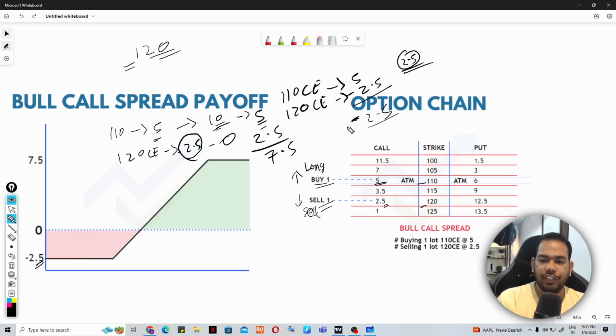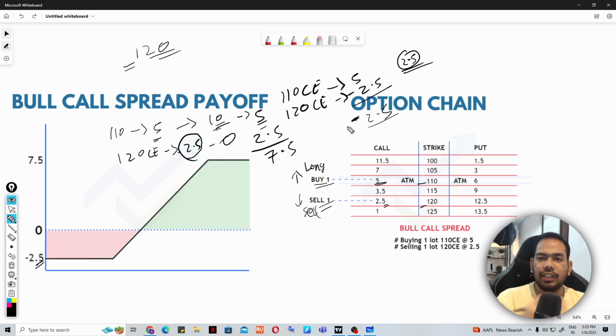But as we know, breakouts do fail, reversals do fail, and if we have less conviction, or if we feel that the underlying on which we are speculating is not showing very confluent signals, we are getting only 2 signals out of 3 or 4 for a long trade, that time you can deploy a bull call spread.